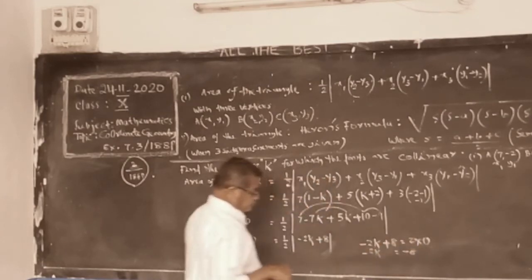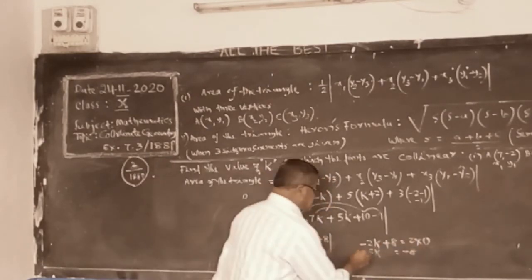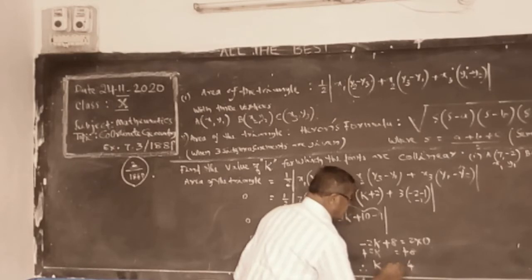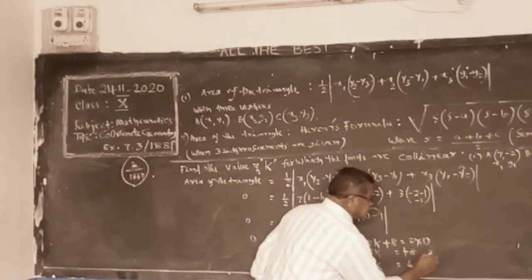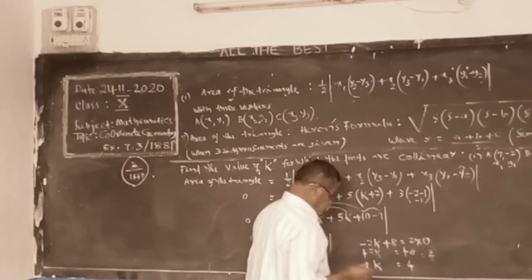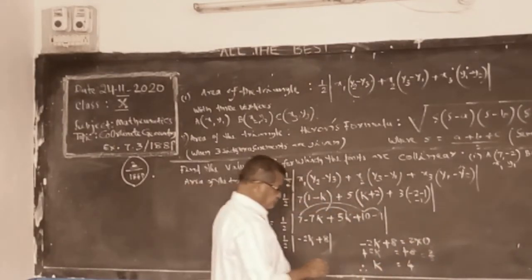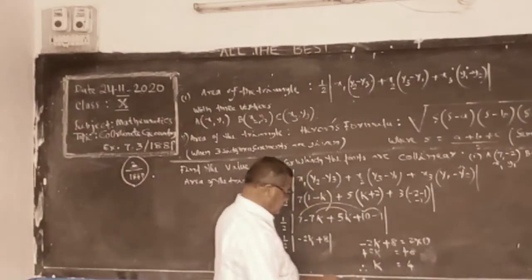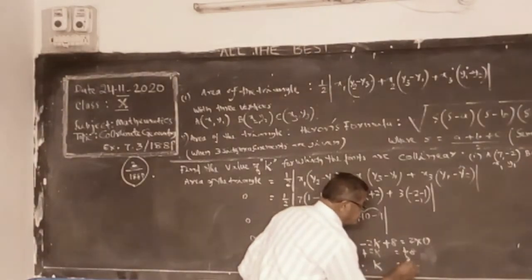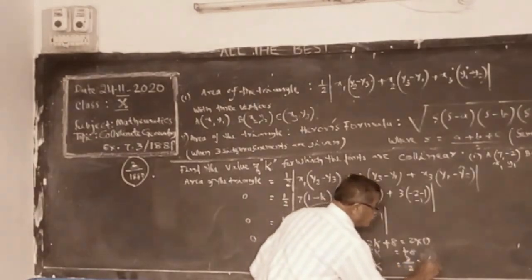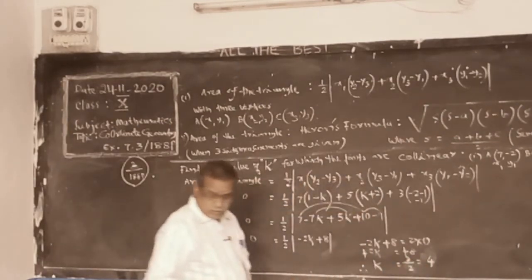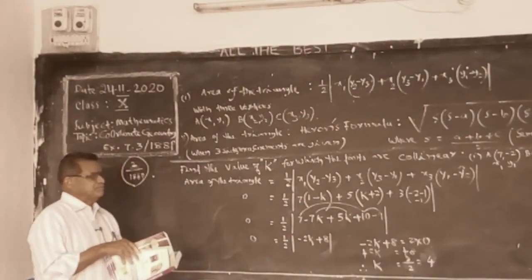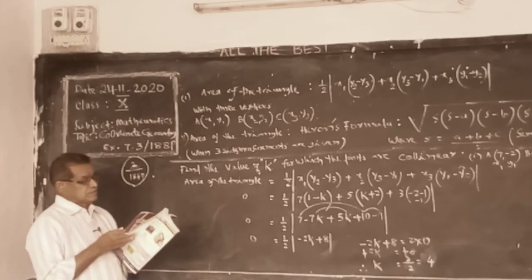Minus minus becomes plus, k equals 8 by 2, which is 4. Like this you have to find k. These are all important and will be asked under 2 marks.